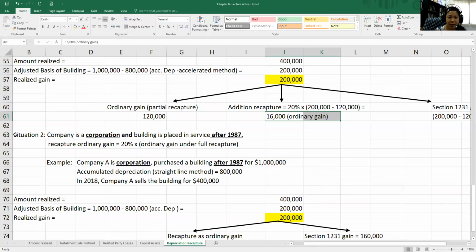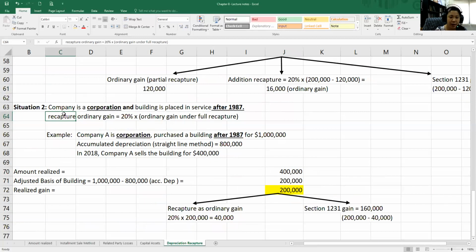Okay, now let's look at situation number two. Situation number two is when the company is a corporation and the building is placed in service after 1987. What happens when you purchase a building after 1987 and your company is a corporation?